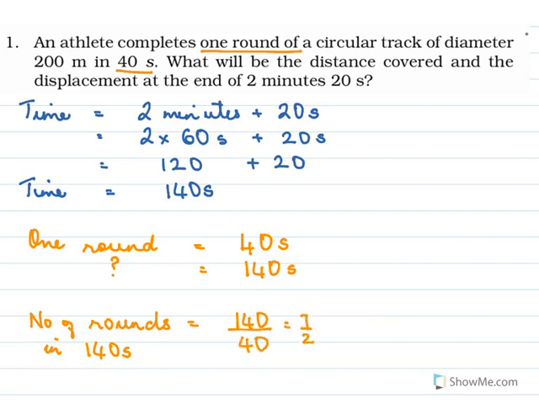That is 7 by 2, or 3.5 rounds in 140 seconds. Now we need to find the distance and displacement. He is moving for 140 seconds, and the number of rounds he has taken in this time is 3.5 rounds.